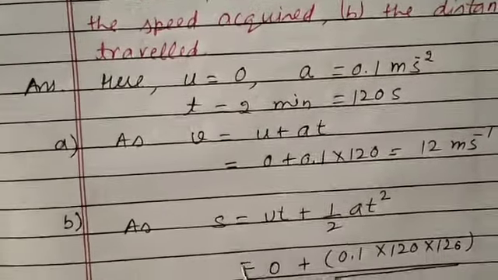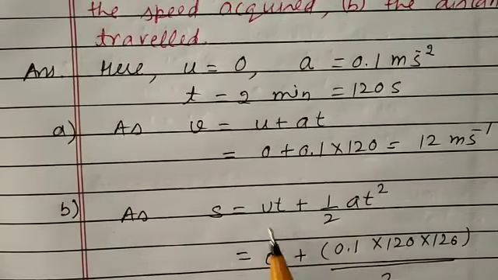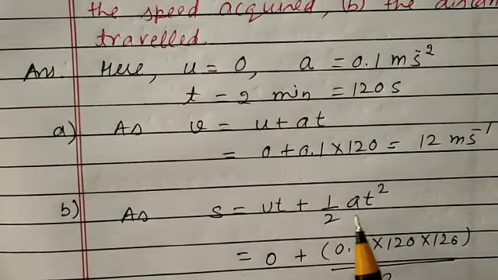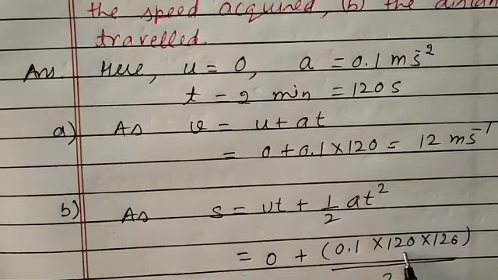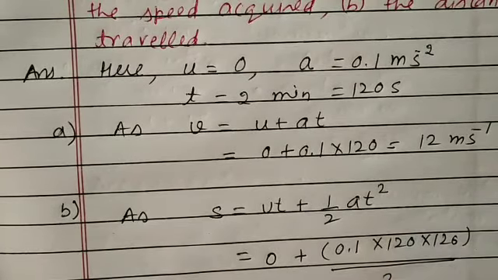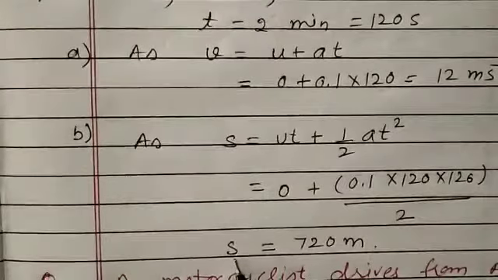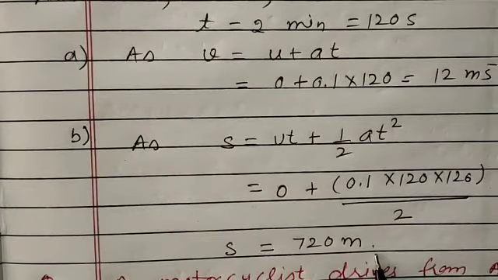For this we have the expression s is equal to ut plus half at square, and putting in the values, half into acceleration 0.1 into 120 into 120 seconds, because time square is required. So one can get the value: distance traveled is 720 meters.